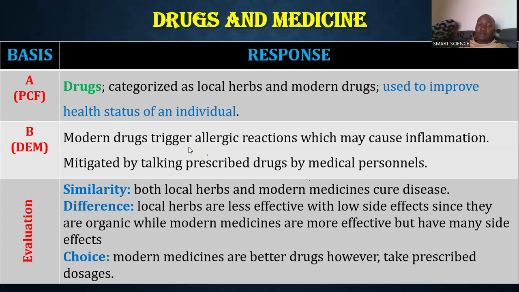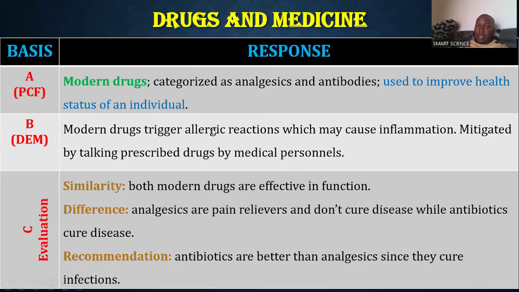As we proceed, we can decide to give you a scenario that only emphasizes modern drugs, only one category. So our product remains a modern drug, categorized as analgesics and antibiotics, and they are all intended to improve the health status of an individual.